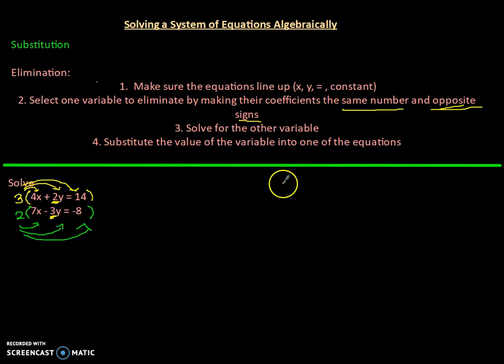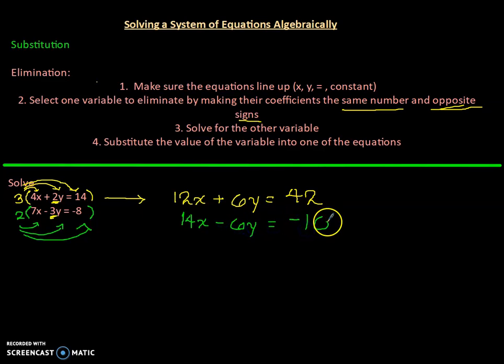So from here, I'm just going to write down what I have in the first equation if I multiply everything by 3, and that will give me 12x plus 6y equals 42. And for the second equation, if I distribute the 2, I'm going to get 14x minus 6y equals negative 16.